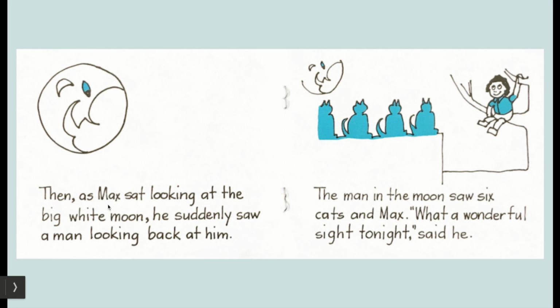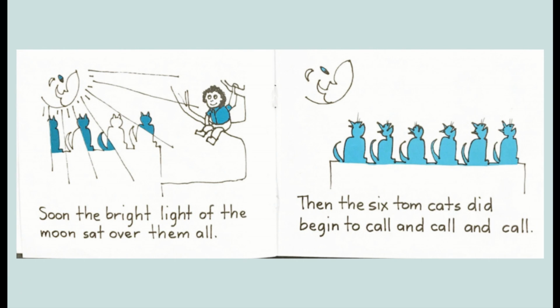Then, as Max sat looking at the big white moon, he suddenly saw a man looking back at him. The man in the moon saw six cats and Max. What a wonderful sight tonight, said he. Soon the bright light of the moon sat over them all.